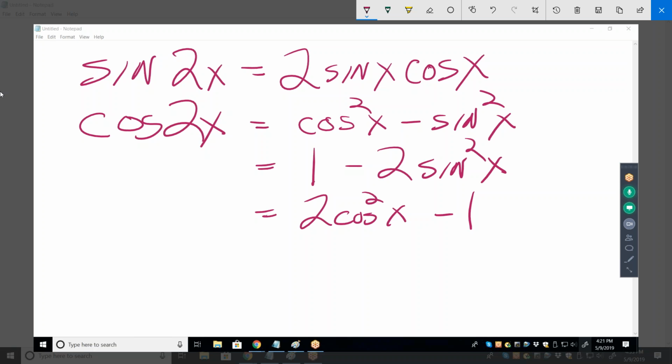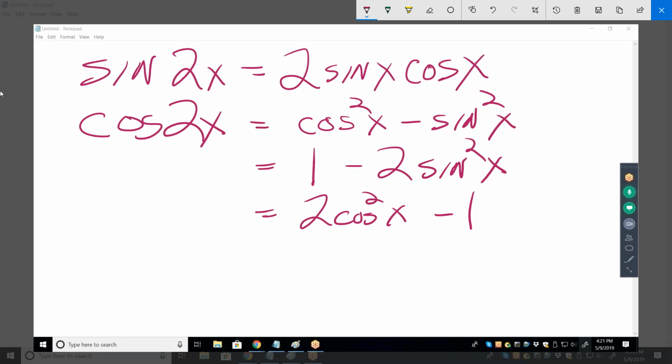Notice that it's 2 sine squared or 2 cosine squared in either case. And in this second case, it's 1 minus 2 sine squared, whereas in the third case, it's 2 cosine squared minus 1. So there is a pattern there that's useful to get. That's the only way I have even come close to memorizing them.